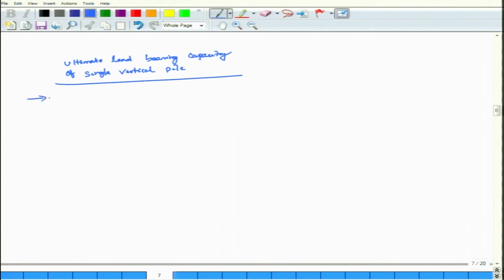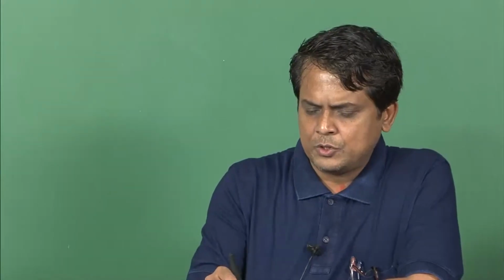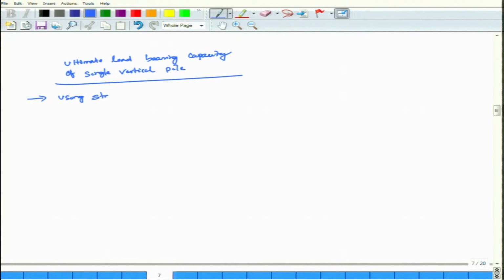First is using static bearing capacity equations, then using values of SPT, standard penetration test, and CPT, cone penetration test.